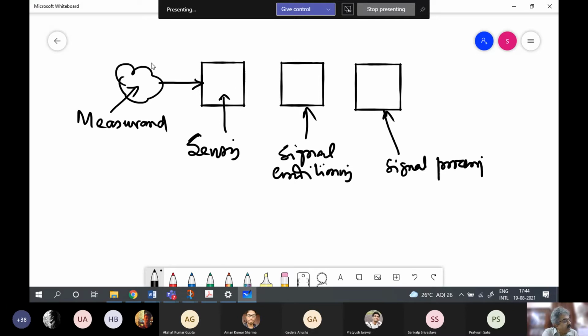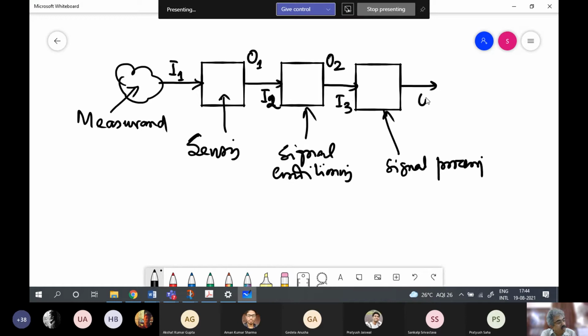You can call this input I1, and the first block's output O1, which becomes the input I2 of the next block. Then we have O2, the output of the second block, which becomes I3.